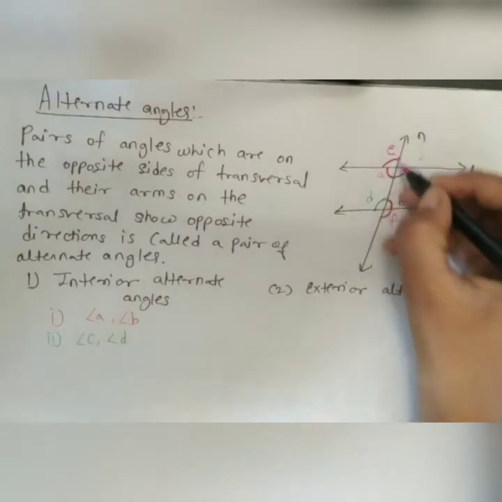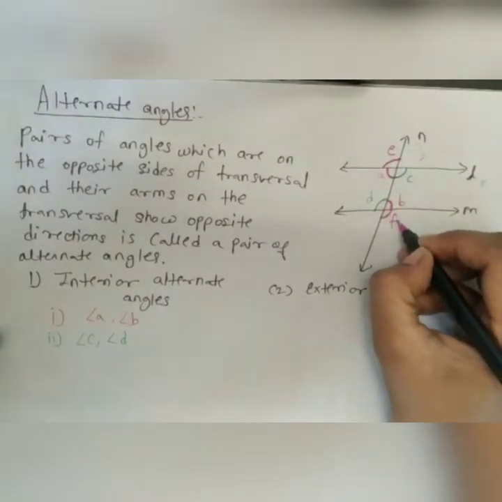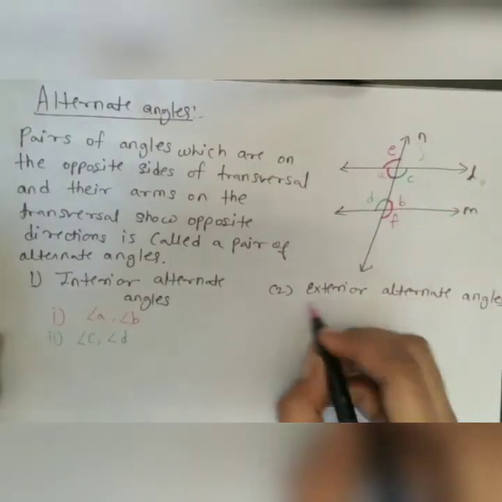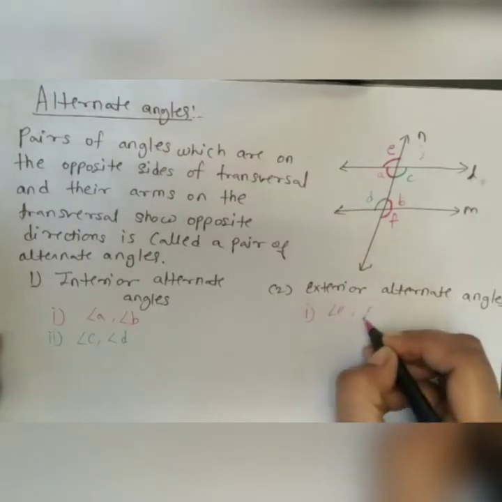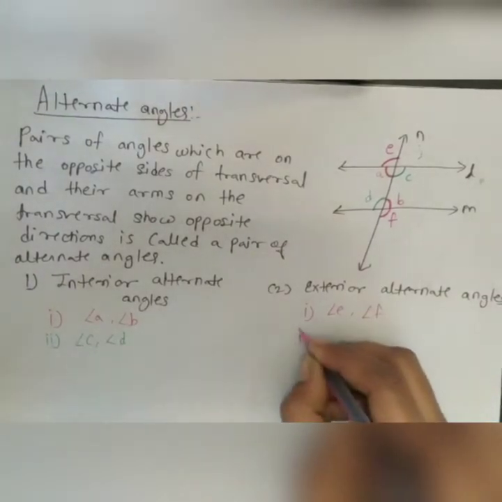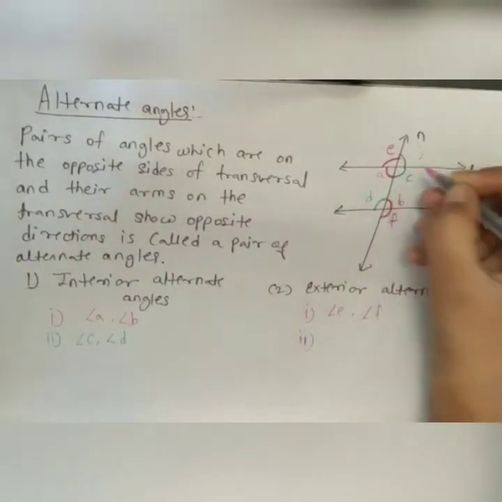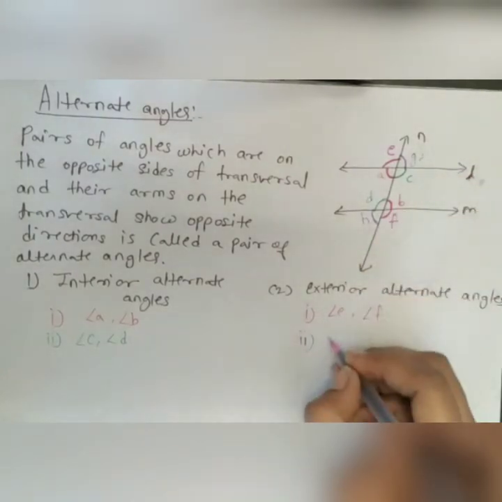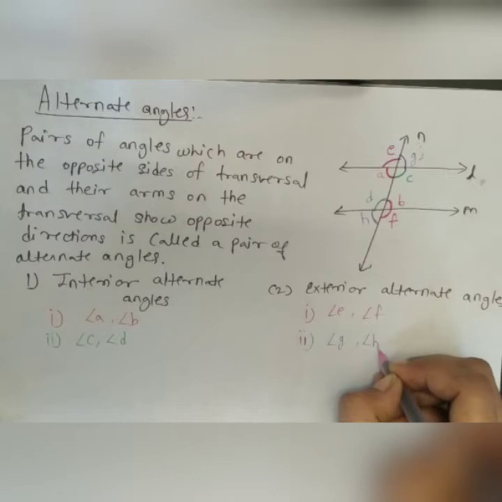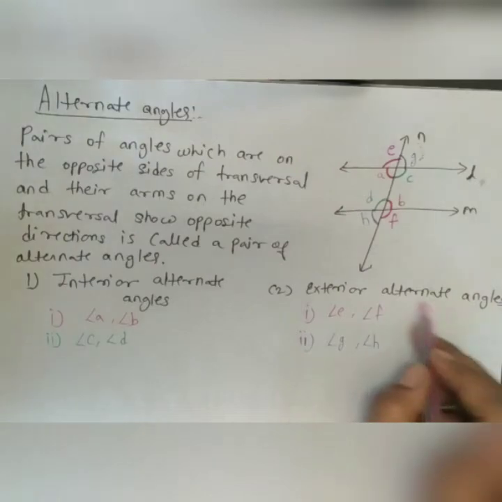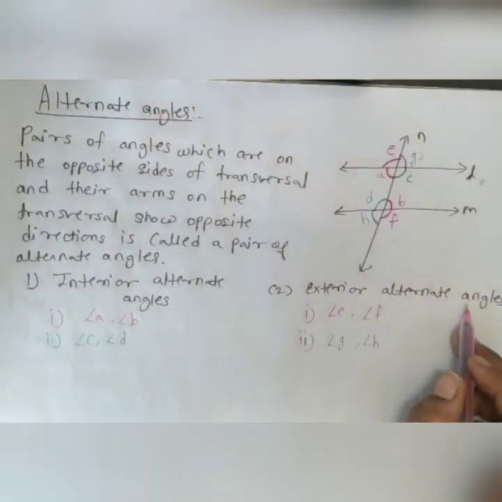This is angle E and angle F. This pair is a pair of exterior alternate angles, angle E and angle F. Similarly, this angle with this, suppose G and H. Angle G and angle H are a pair of exterior alternate angles.